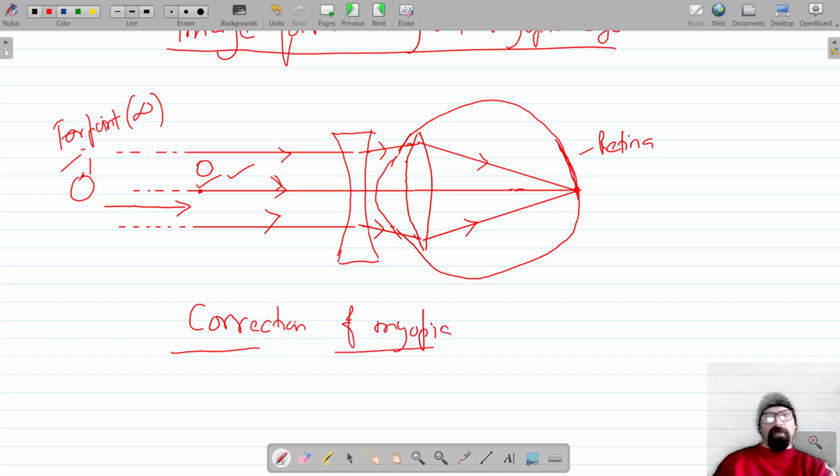So now your far point has moved back to the normal far point, which was at infinity. So all the rays coming from infinity are now diverged by the concave lens and then converged to bring them on the retina. So this is the correction of myopia.